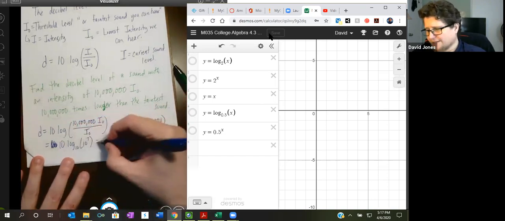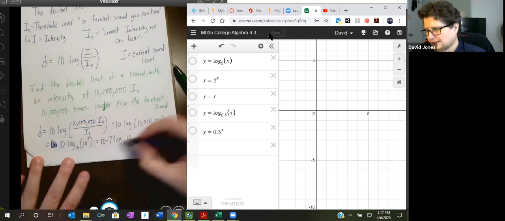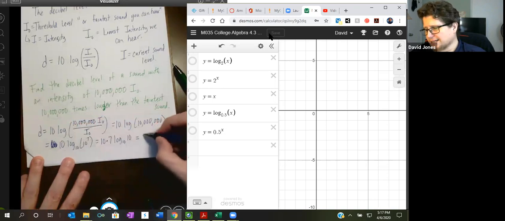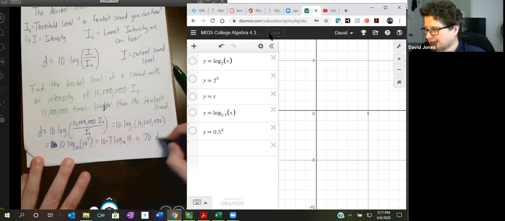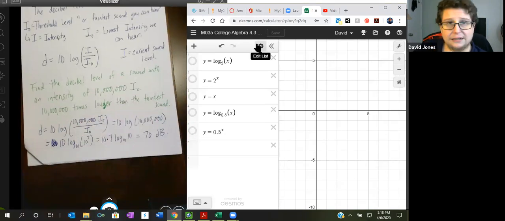And we can bring the 7 out front. Log base 10 of 10 is 1. 10 times 7 is 70. It's 70 decibels. I don't know if that's loud. Let's look it up.